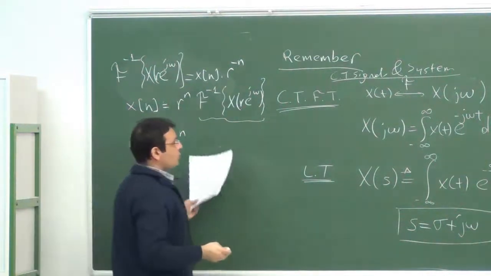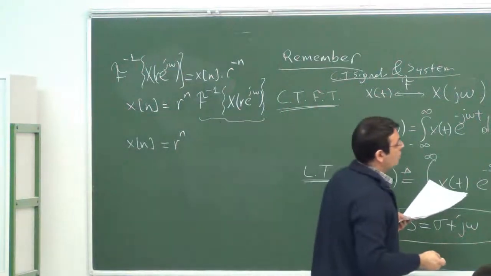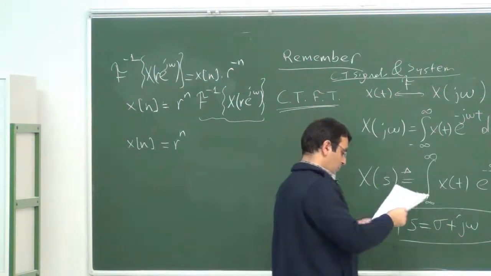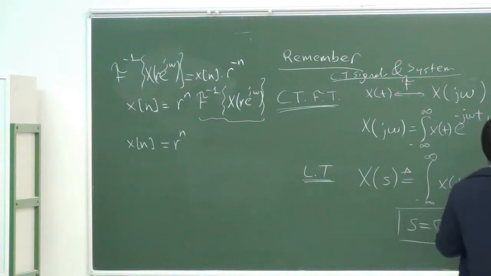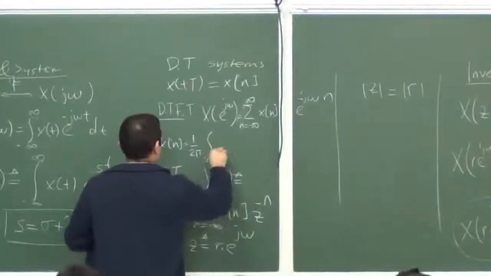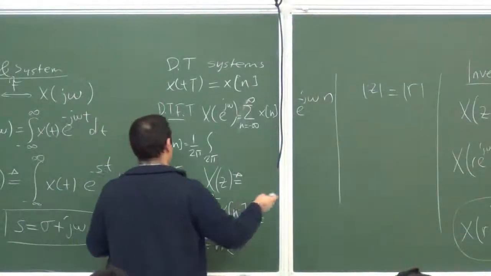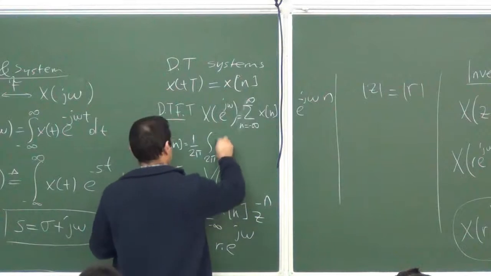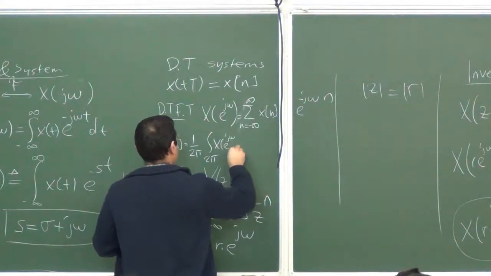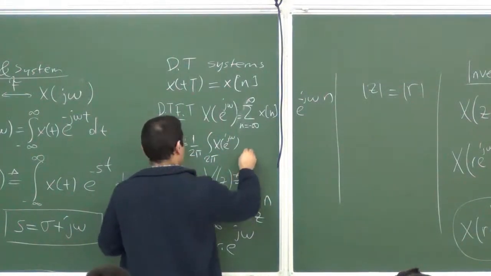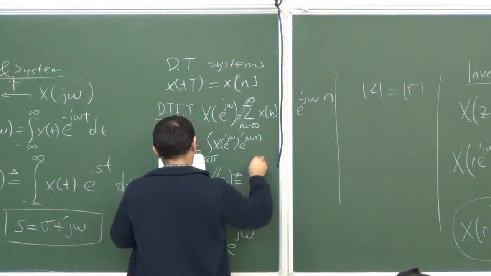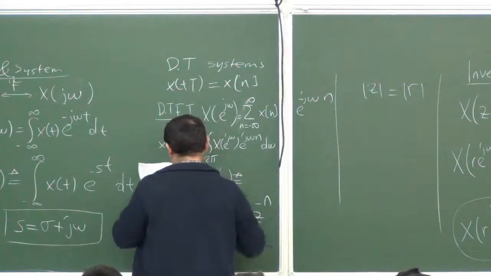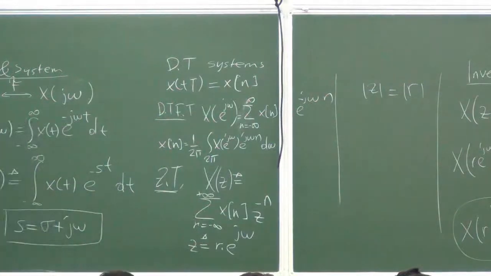We know the definition of the inverse Fourier transform. Let's remember it. The inverse discrete-time Fourier transform is equal to 1 over 2 pi, integral over a 2 pi interval, X(e to the j omega) e to the j omega n d omega. Okay, so this is the definition of the inverse Fourier transform.